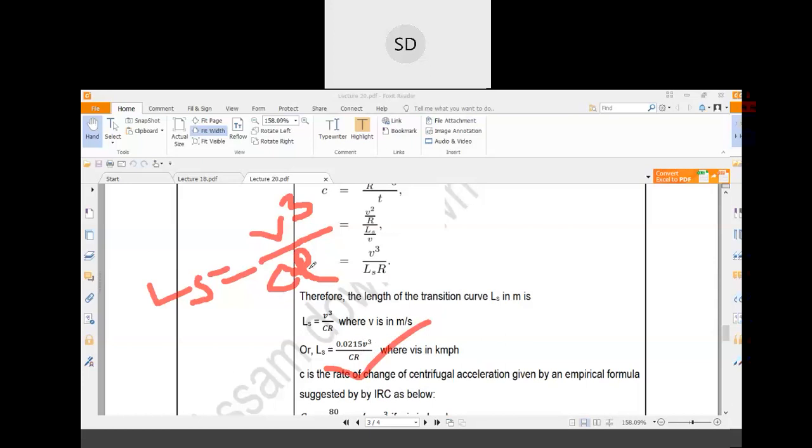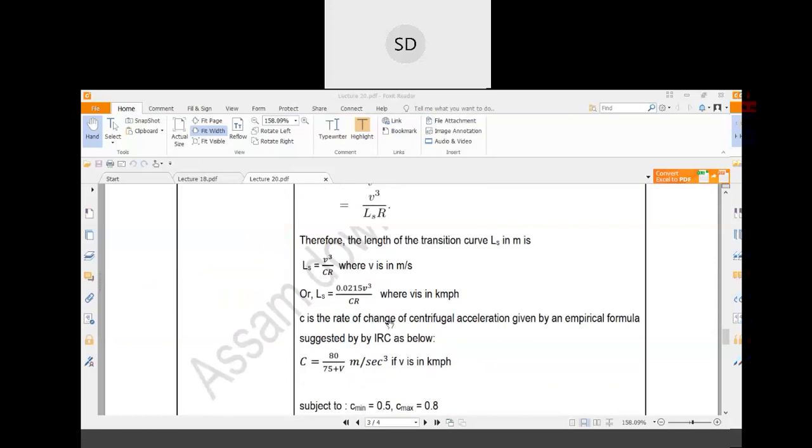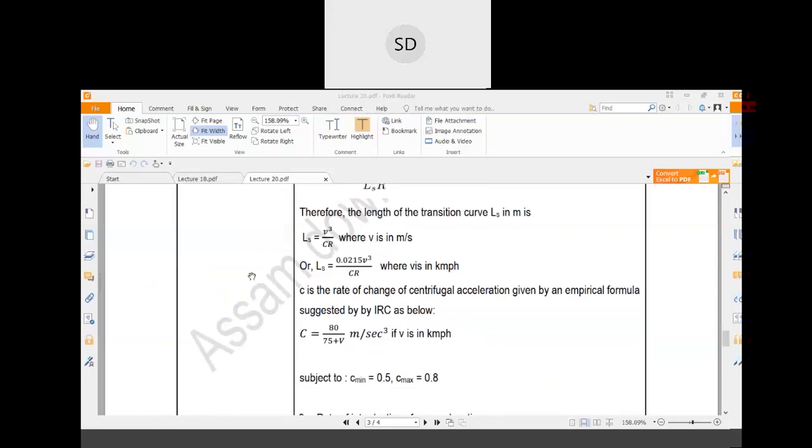Now, the question remains how you can find the value of C. The value of C is given by the IRC formula: C equals 80 divided by 75 plus V, where V is in kilometers per hour.